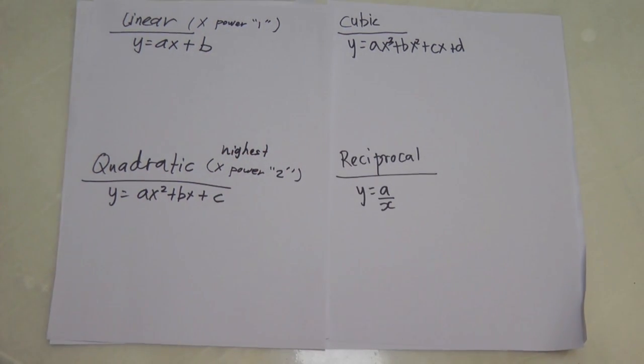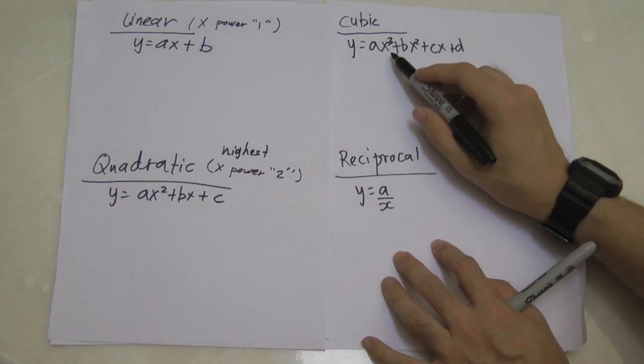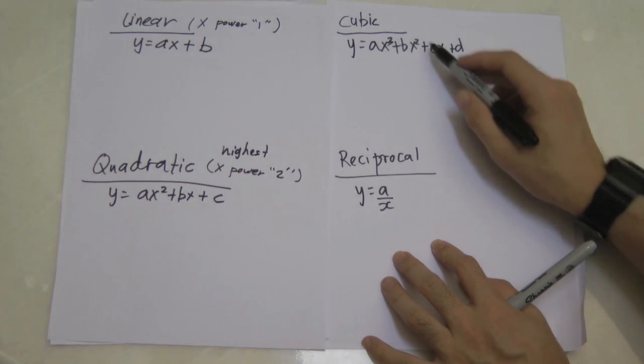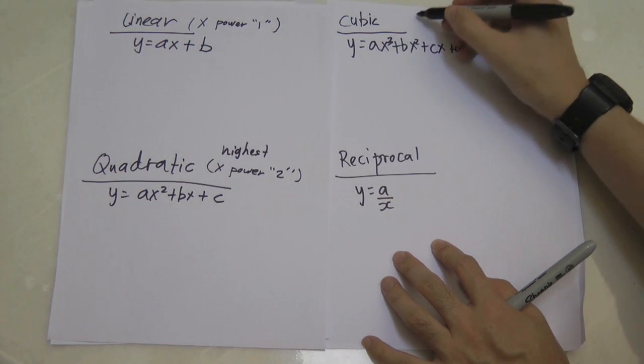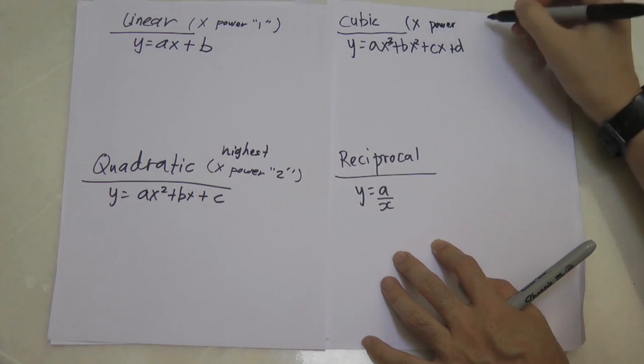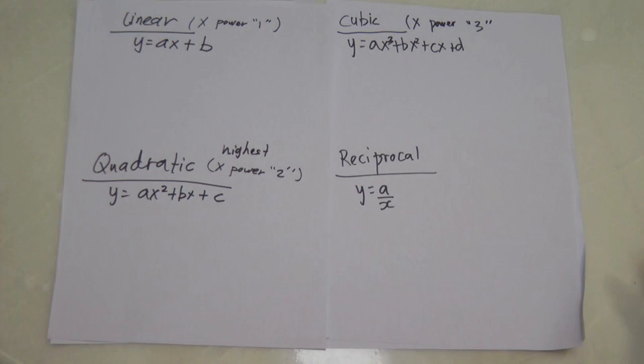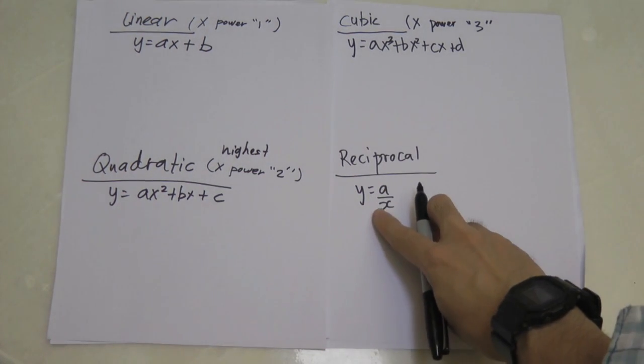And obviously for cubic, the highest power of x is 3. You can see you have x cubed, x squared, and x, right? But the highest one is power of 3. So this one is x power 3. For reciprocal, the x is at the bottom.